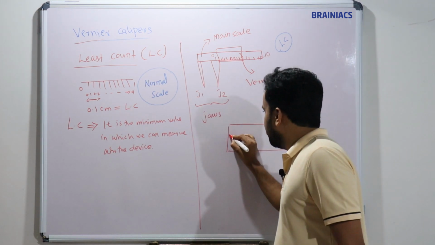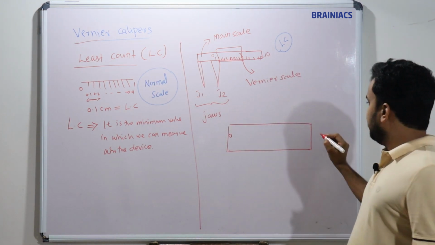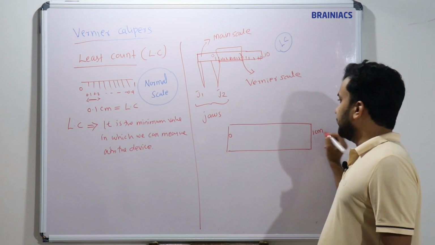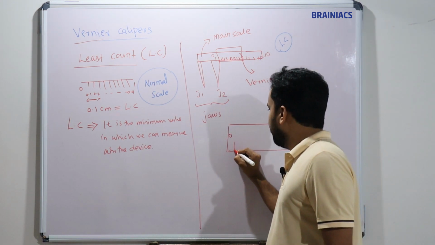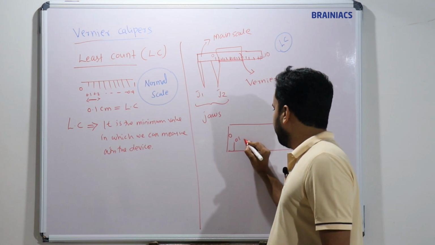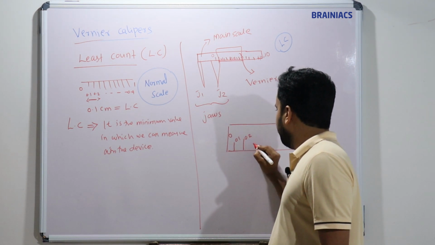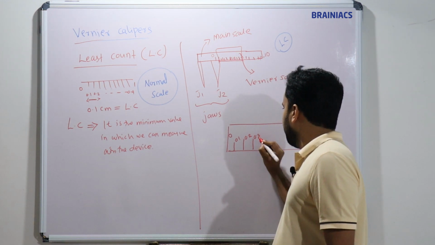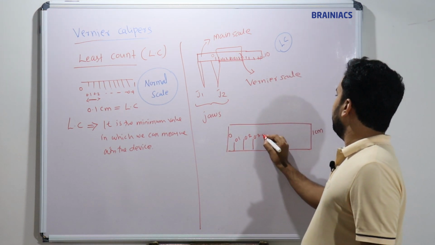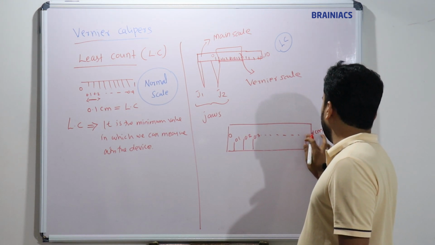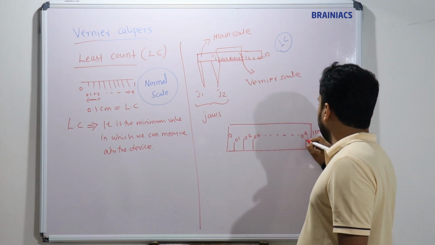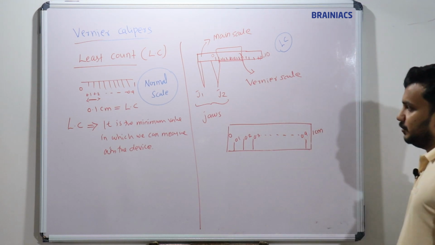So this is the 0 position and this is the 1 centimeter position. How many divisions are there? As we have told, we have 0.1 here, 0.2 here, 0.3 here, and similarly finally we have 0.9 here. Then after that, 1 centimeter starts.